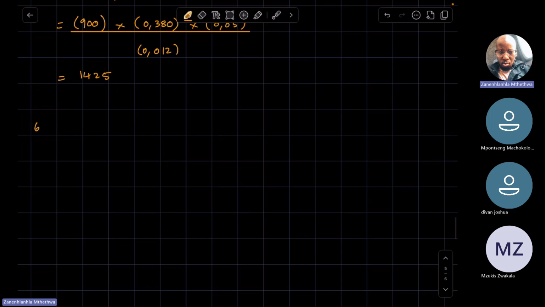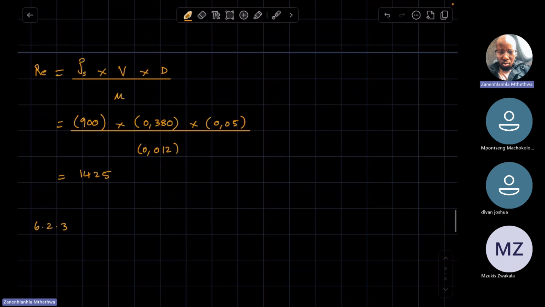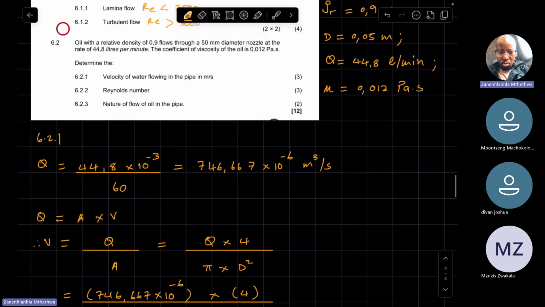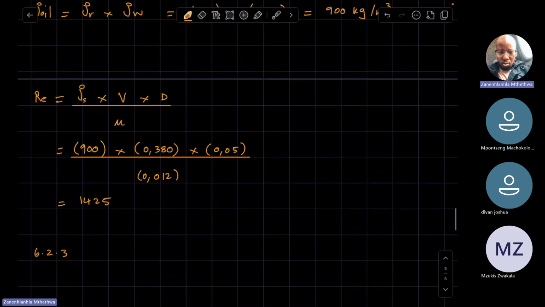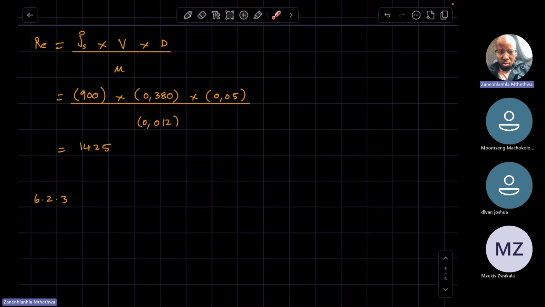Let's look at 6.2.3. The nature of flow of oil in the pipe. So, the nature of flow: is it laminar, is it turbulent, is it transitional? You look at your Reynolds number.